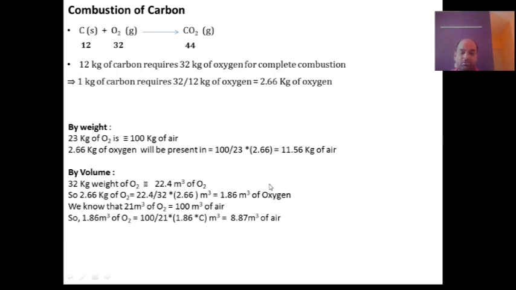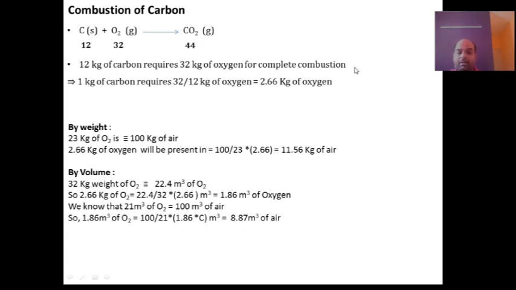This is pure oxygen. So how much of this pure oxygen will be present in air? That depends on the factor that 100 liters of air contains 21 liters of oxygen. So you simply multiply it by a factor of 100 by 21. That will give you 8.87 meter cube of air.